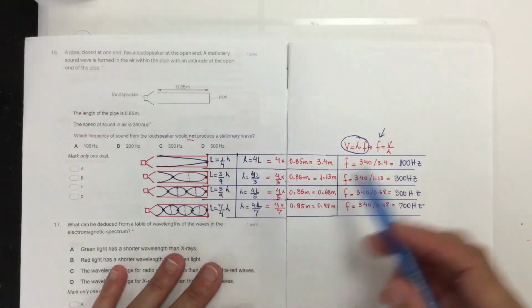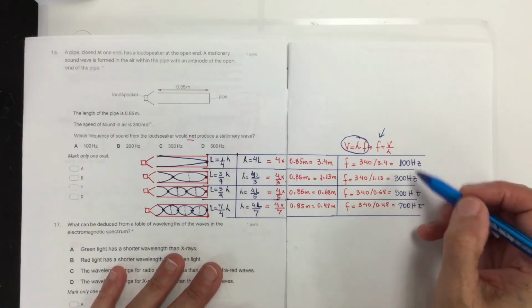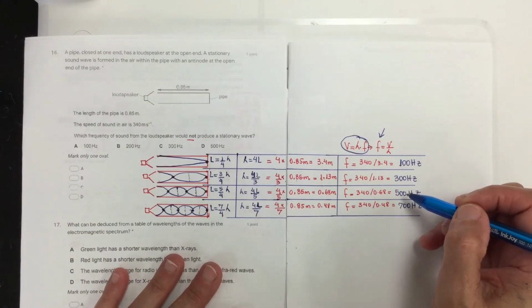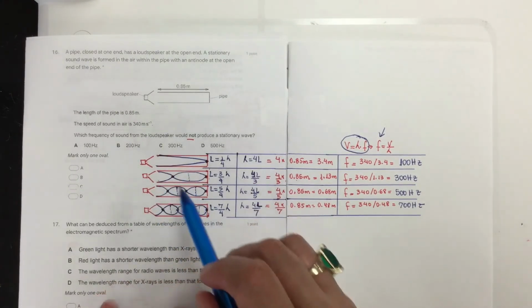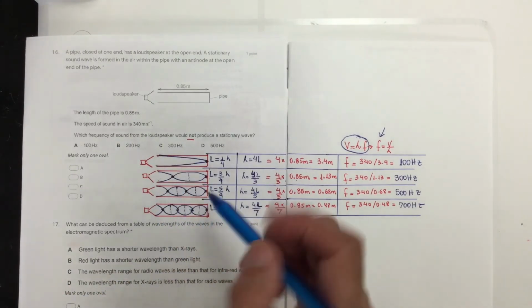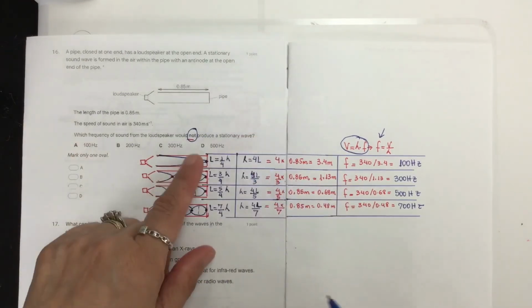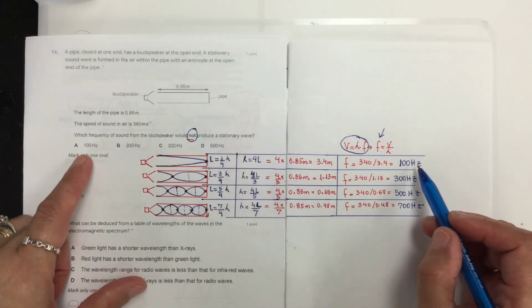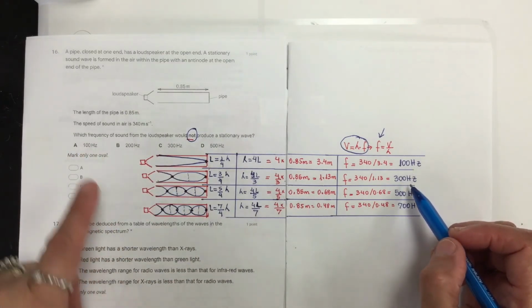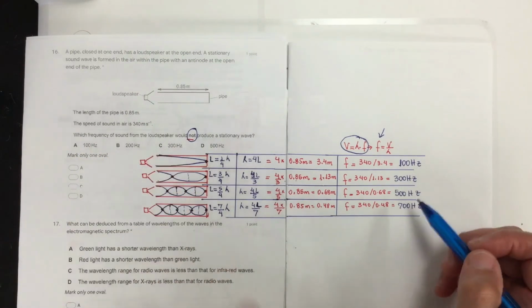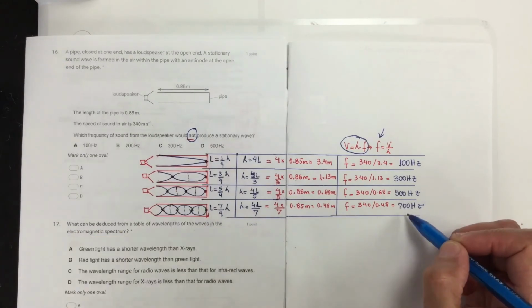Now back to the problem. Now that I have a sequence of frequencies that is producing this stationary wave inside this pipe, I'm looking for the one that will not be produced. So do I see 100 here? Yes, so that's not the one. Do I see 300? Yes. Do I see 500? Yes. Do I see 700?